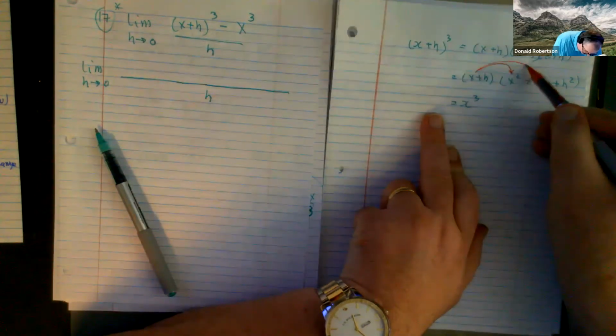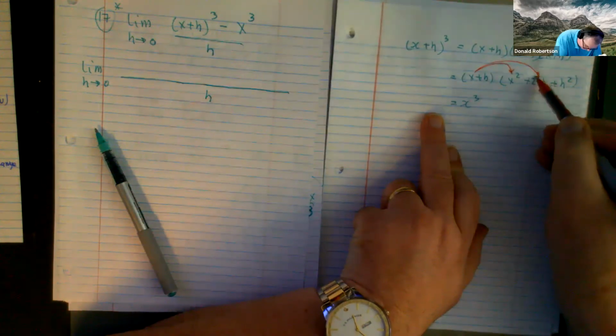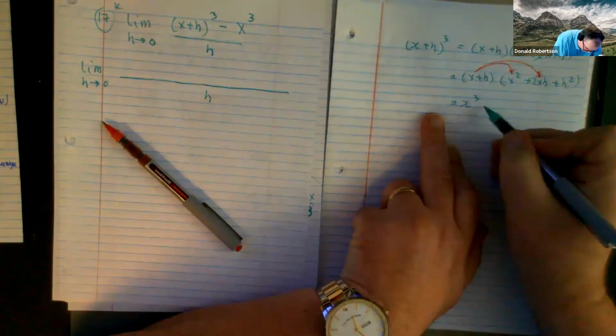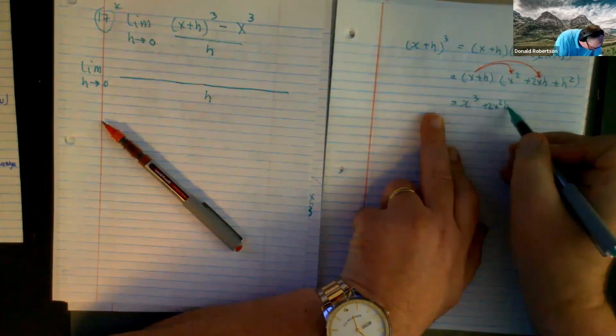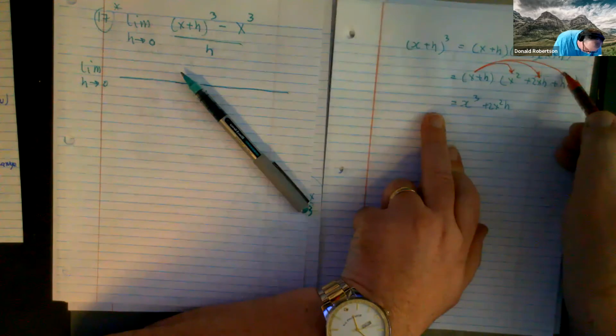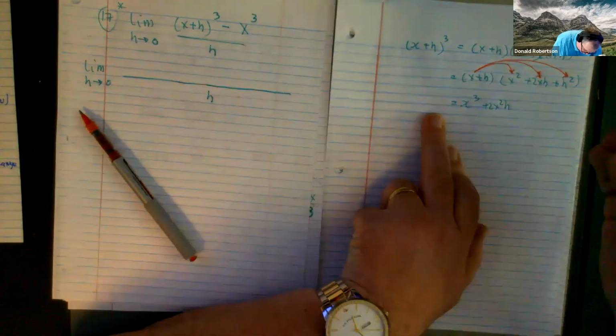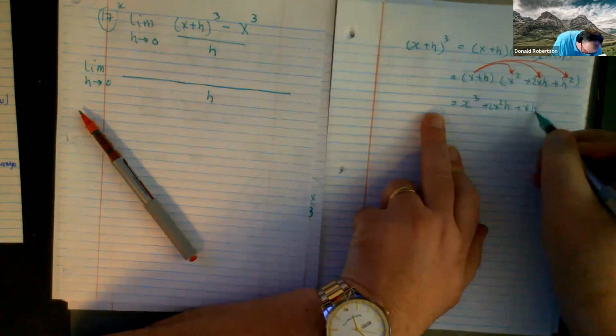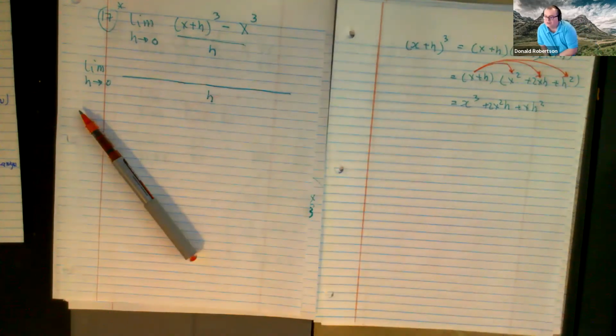Take x and then multiply it by the middle term, and you get 2x squared h, and then take x and multiply it by the third and final term, and when you do that, you get xh squared. Are we comfortable so far? What I just did.